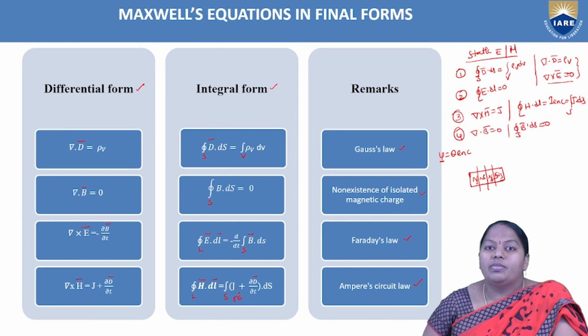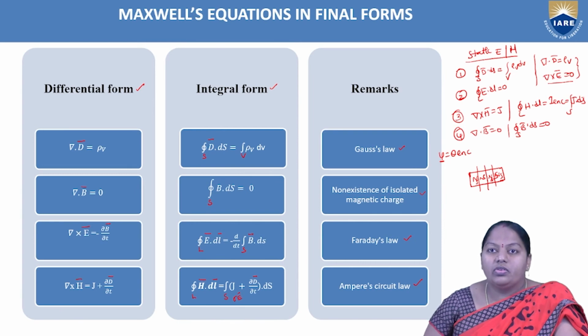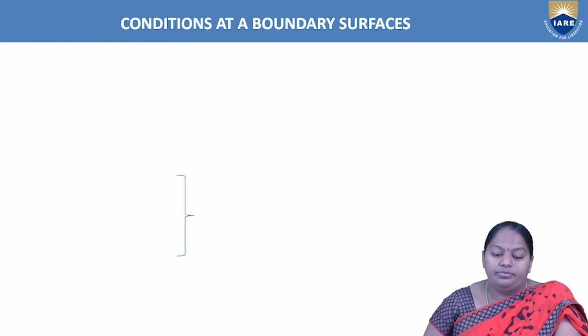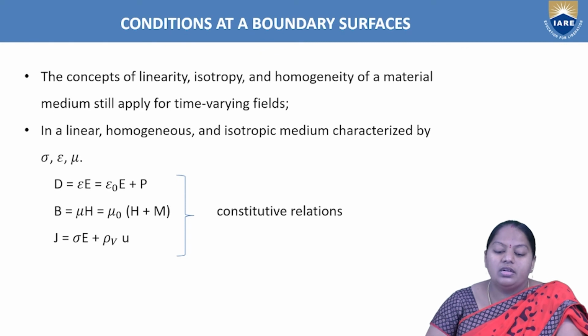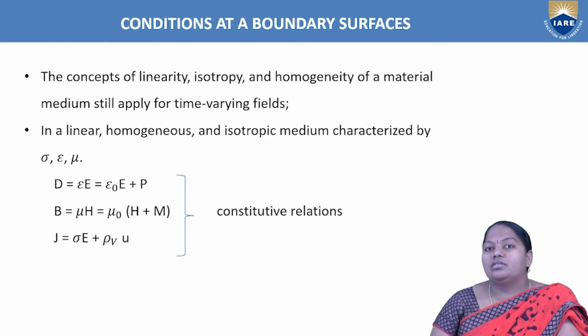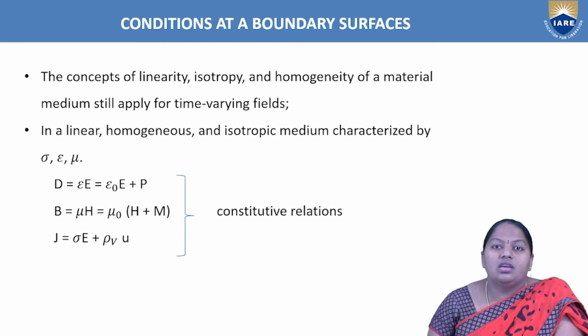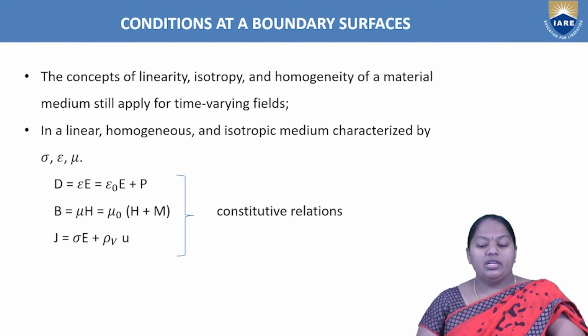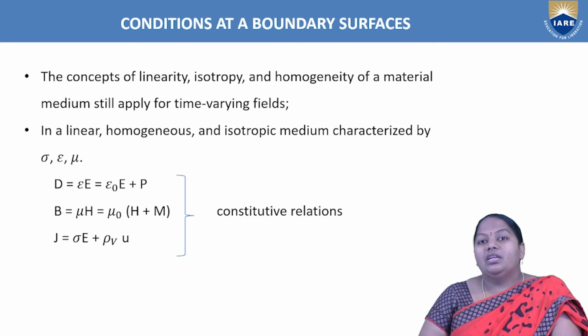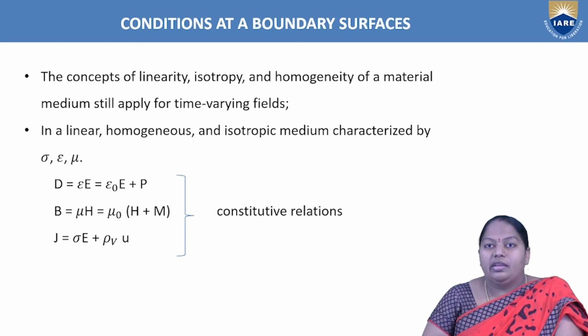or electromagnetic fields. Okay. So now, next one is conditions at boundary surfaces. What are the different boundary conditions which exist in the case of two different media? We have discussed this in two separate cases: boundary conditions between two dielectric media in electrostatic fields, and boundary conditions between two magnetic media in magnetostatic fields.